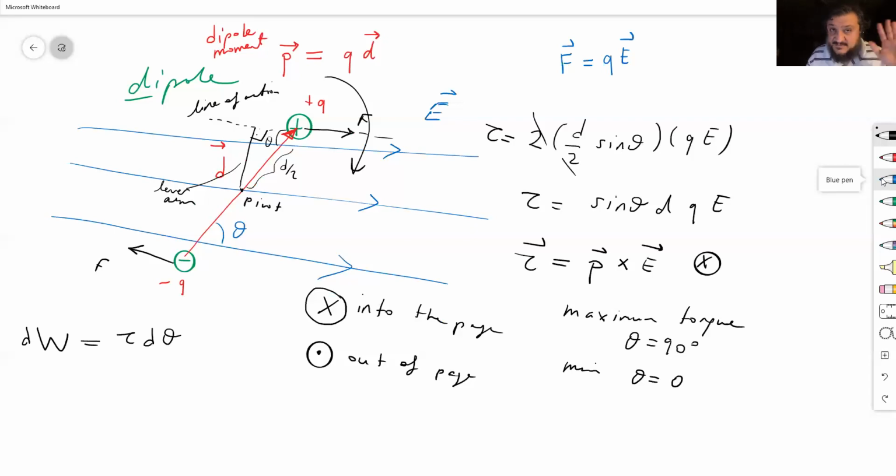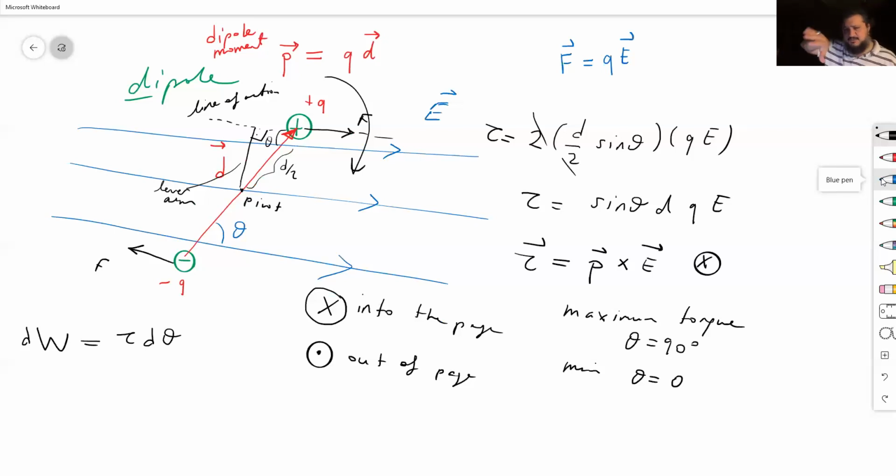That's from Physics 1. Just like in linear movement, force times distance is work, rotational motion has torque times angle as work. You can integrate this from theta 1 to theta 2, right? And then you have to take an expression for tau from there.